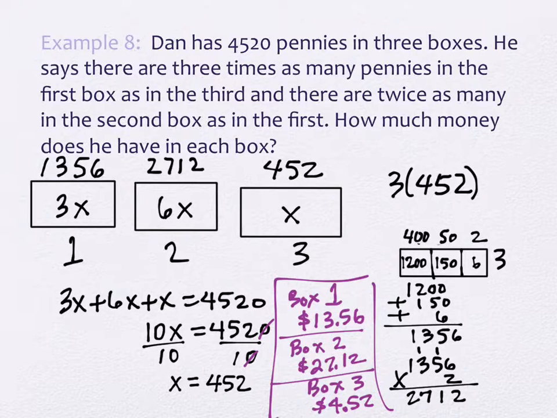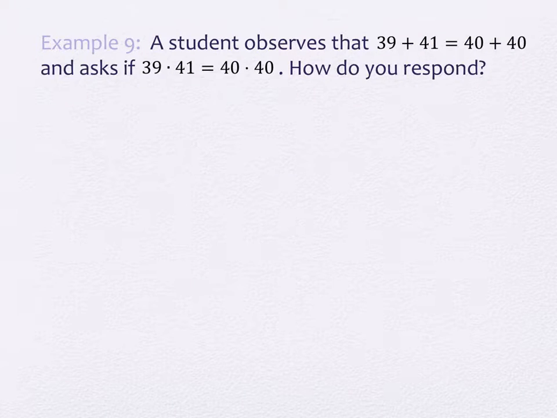Okay, let's take a look at example 9. A student observes that 39 plus 41 is the same as 40 plus 40 and asks if 39 times 41 is equal to 40 times 40. How do you respond?